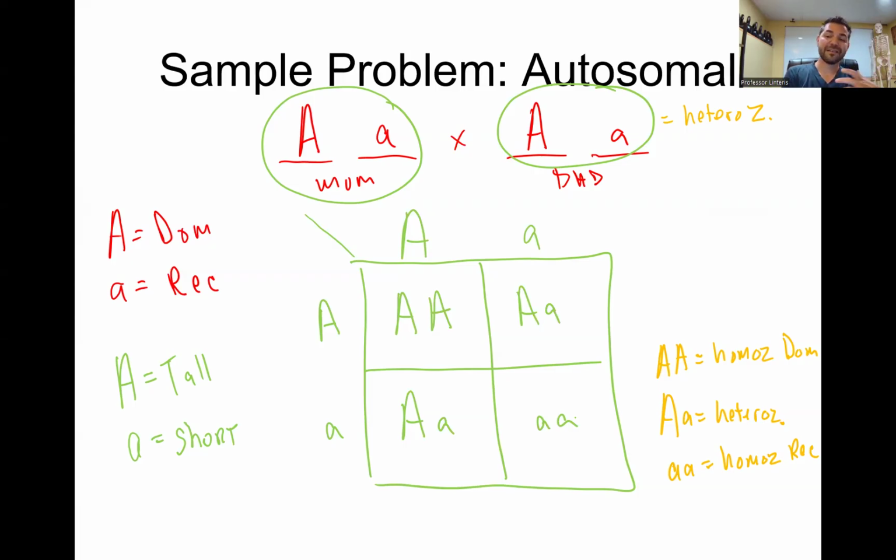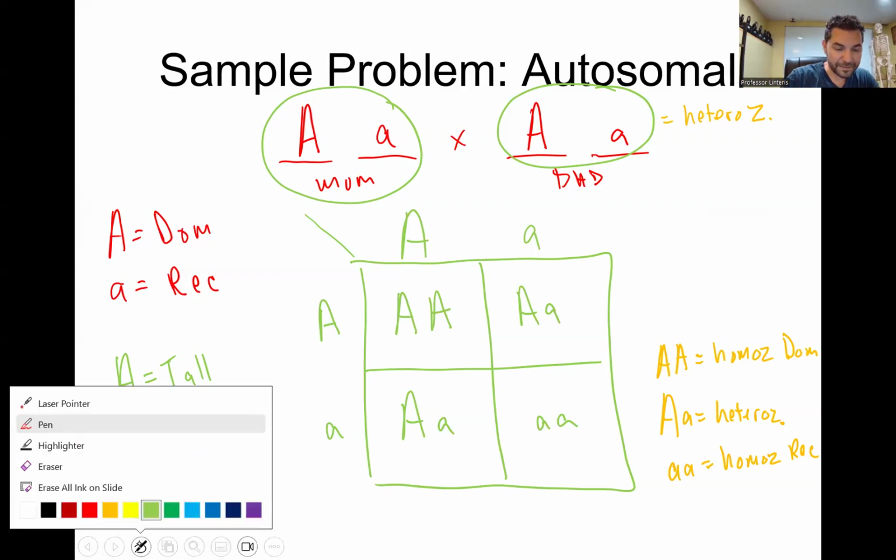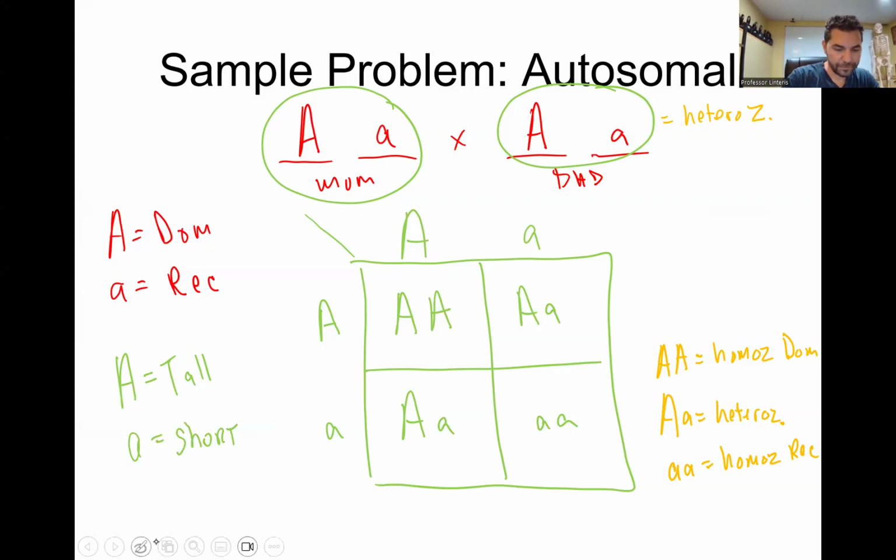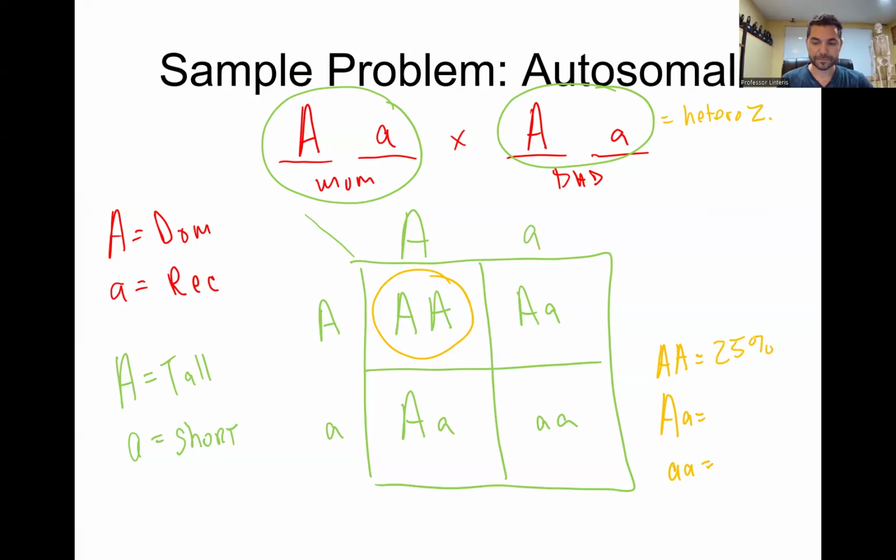So now we have to give the answer. The answer is, what is the percent homozygous dominant, percent heterozygous, and percent homozygous recessive? So we're going to say 25%, right? This is what we call our genotype. And then I will show you phenotype.